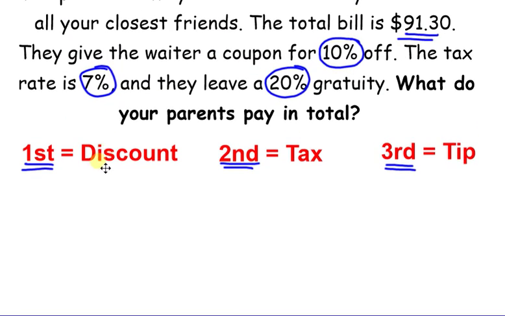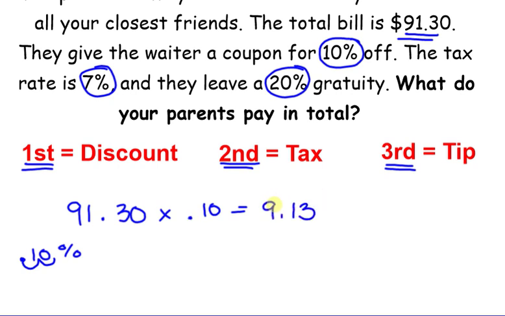All right, discount first. 91.30 times 10%. Take it back 2 spots. So times 0.10. Go ahead and calculate that. And that's going to give you 9.13.